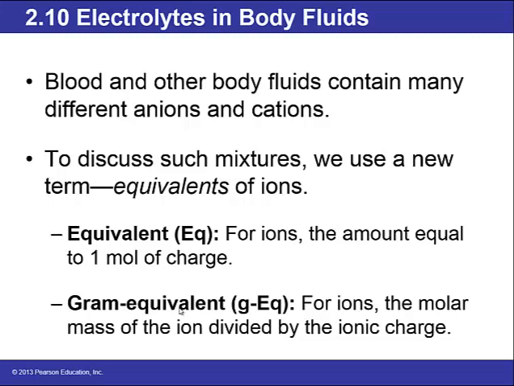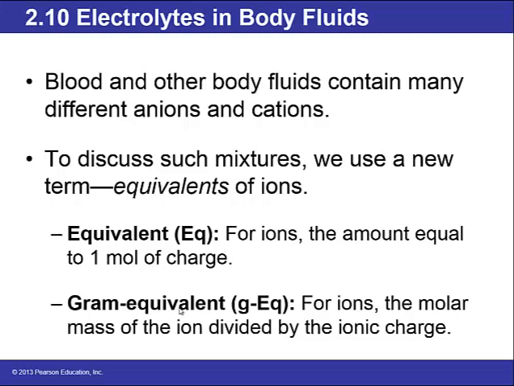So to discuss such mixtures, we use a term called equivalents of ions. We're just measuring the total charge inside the blood cell. And so you'd have an equivalent charge, or an EQ, for the ions, or the amount that would be equal to 1 mole of charge.